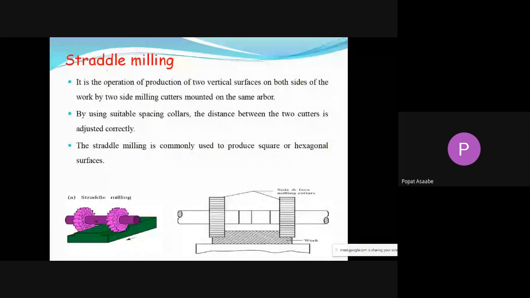Then the straddle milling operation. What is meant by straddle milling? We know that in the straddle milling operation, we are using two milling cutters.